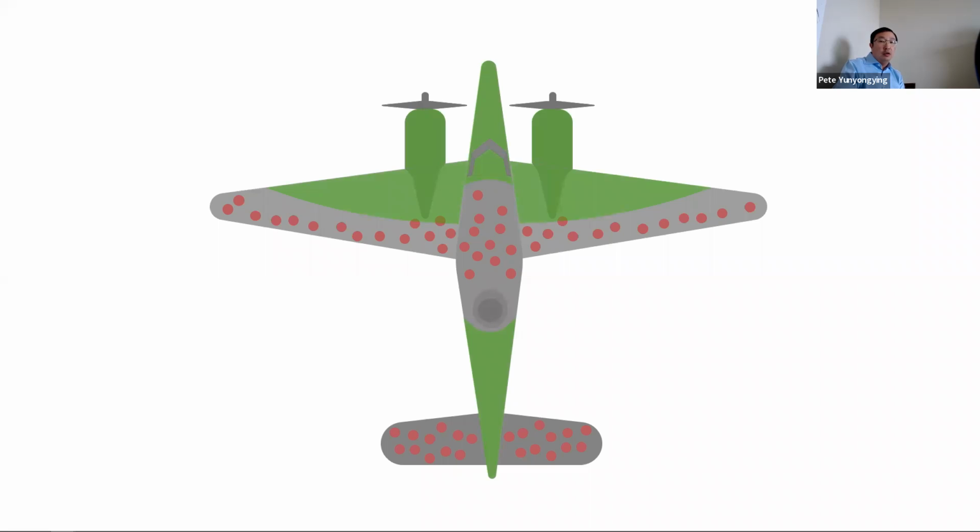There were no bullet holes in those areas because those planes that were struck in those locations failed to survive. It was a logical fallacy with pure pattern recognition in the first analysis. For those of you interested, this is an example of survivor bias or survivorship bias. The solution then was to reinforce the areas without bullet holes.